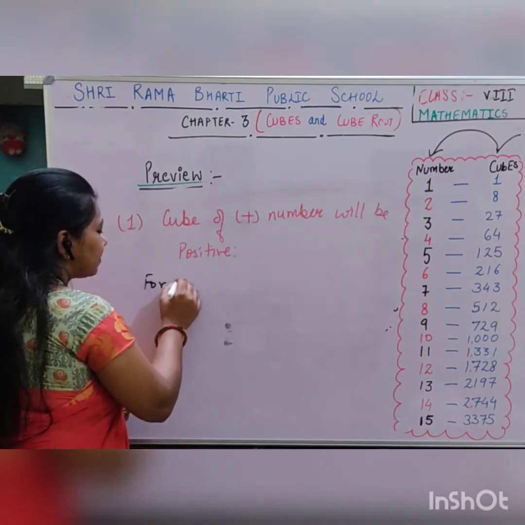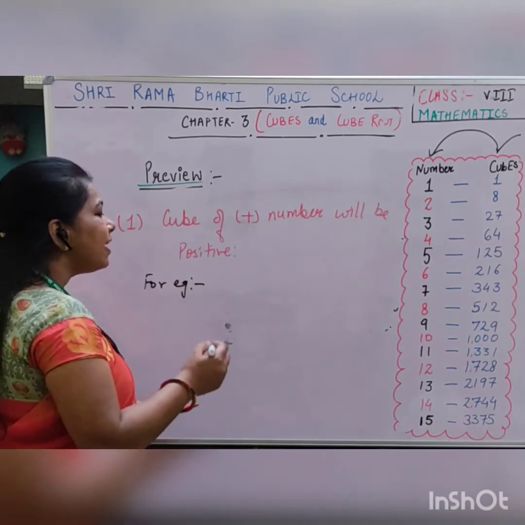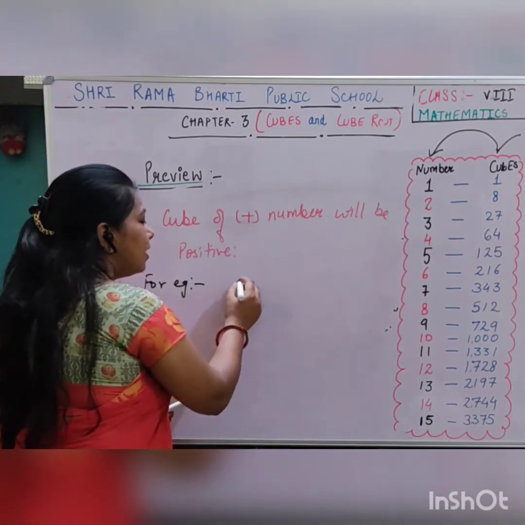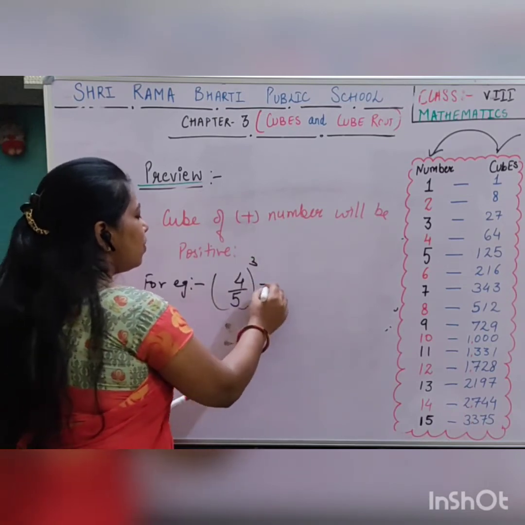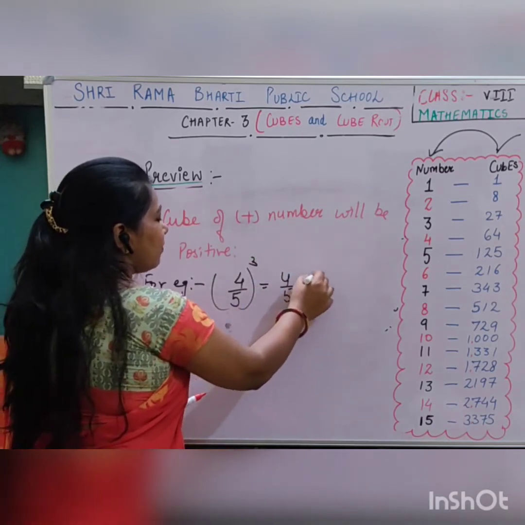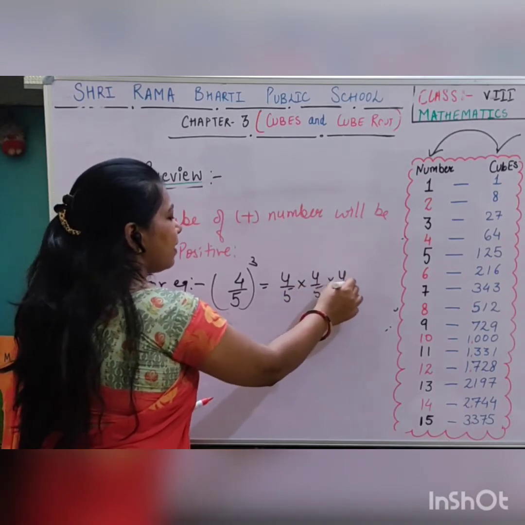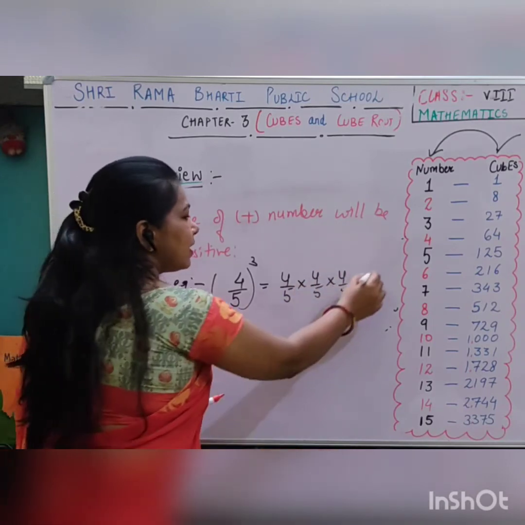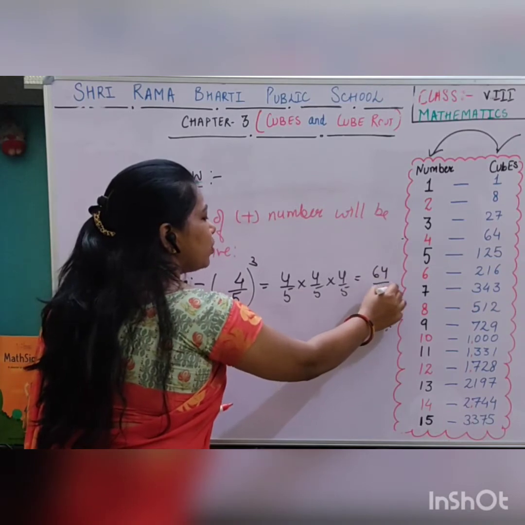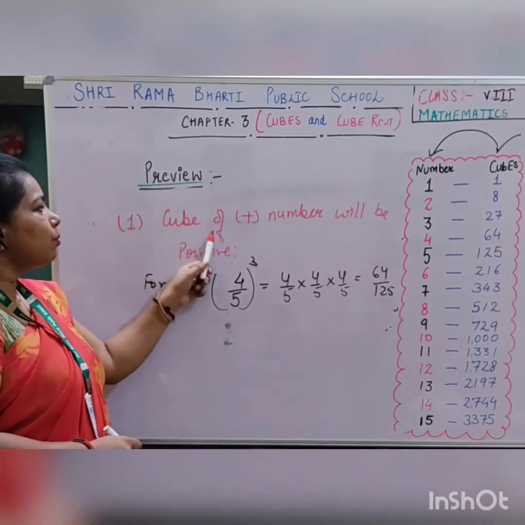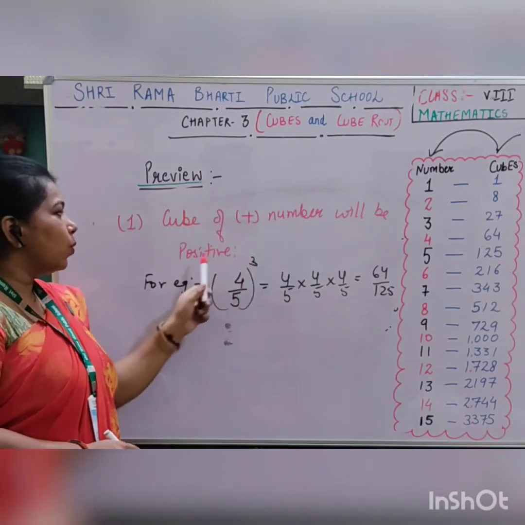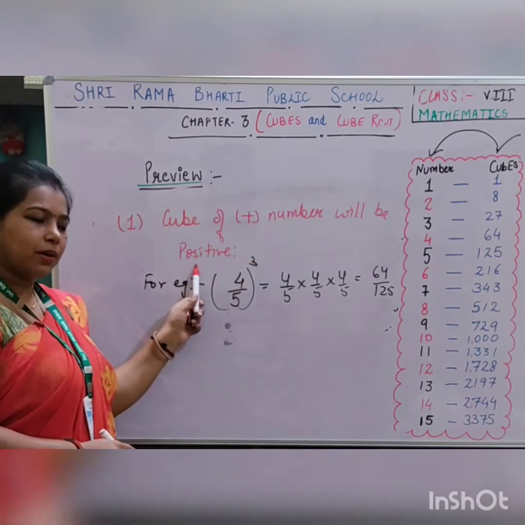For example, if I take any positive number, let's suppose 4 by 5. So what will we get? 4 by 5 multiplied by 4 by 5 multiplied by 4 by 5. It will give us 64 upon 125. So it is clear that the cube of a positive number will be a positive number.